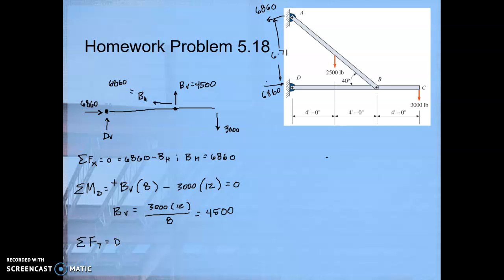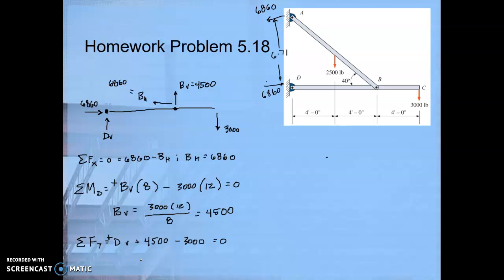We have DV, which we assume is going up. We also have BV, 4,500 going up. And we have the 3,000 pound force out here at the end. The sum of those three forces should equal 0.